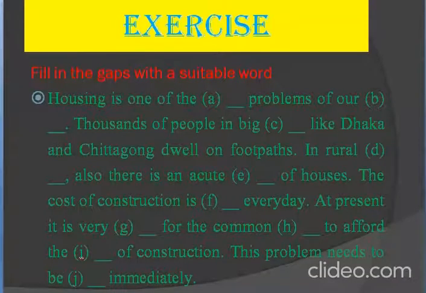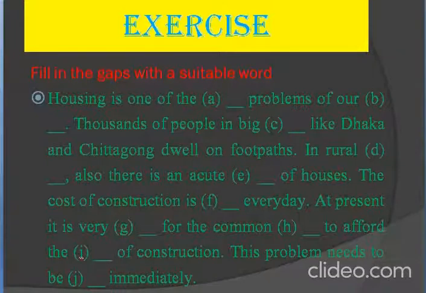My dear students, now I have brought here an example of cloze test without clues. So before completing gaps, first I will read out the passage thoroughly. Housing is one of the blank problems of our blank. Thousands of people in big blank like Dhaka and Chittagong dwell on footpaths.